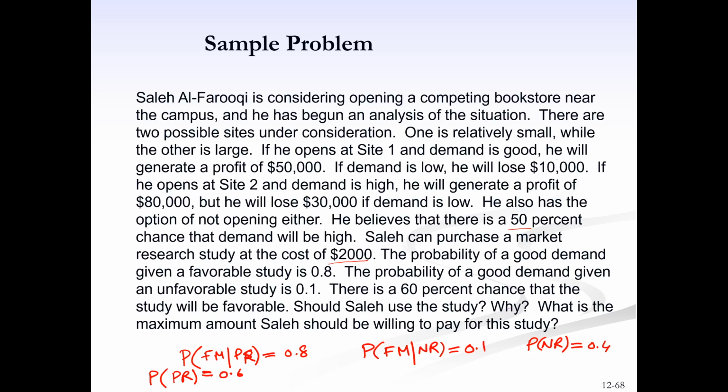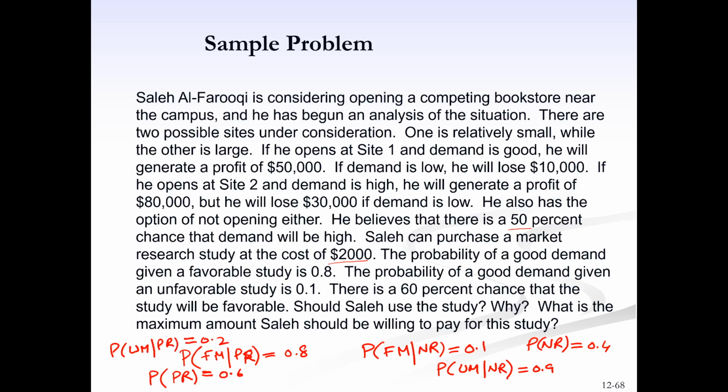The probability of unfavorable market given that negative report is there is 0.9, and the probability of unfavorable market given that it is positive report is just 0.2.